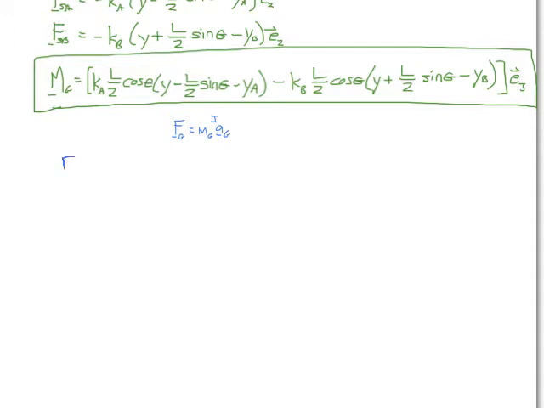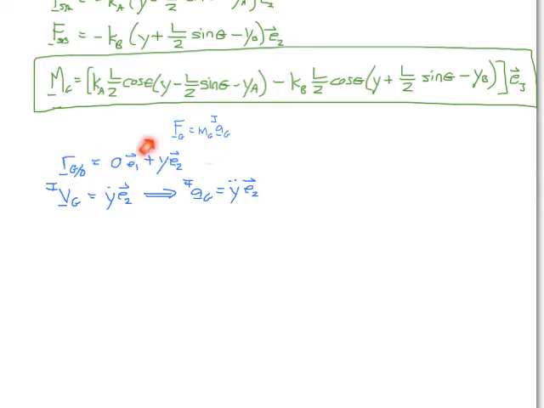Our position vector of G with respect to O is 0 in the E1 direction plus y in the E2 direction. So the velocity of G as observed in the inertial reference frame is y dot in the E2 direction, and the acceleration is y double dot in the E2 direction. That takes care of our right hand side.